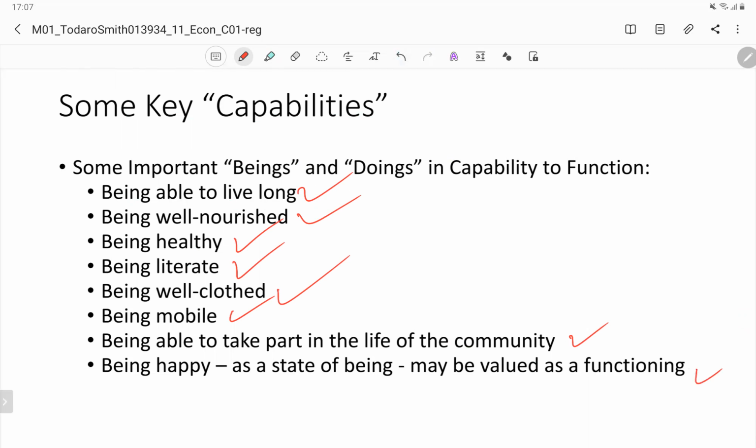A state of being may be valued as a functioning. So if you are interested in the philosophical approach of development, I recommend you to read Amartya Sen's book.